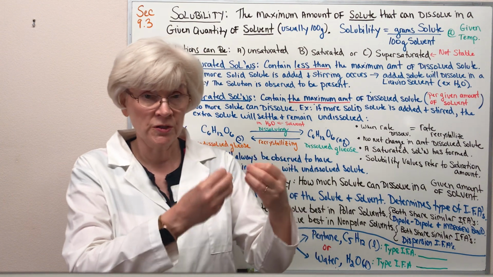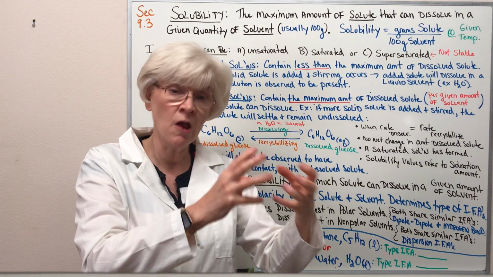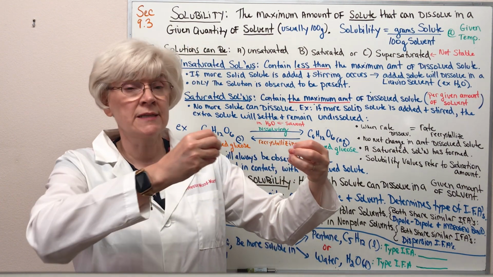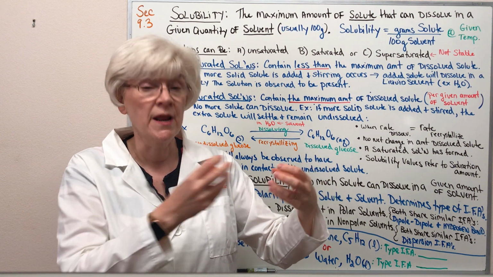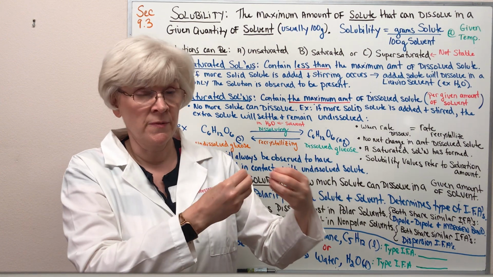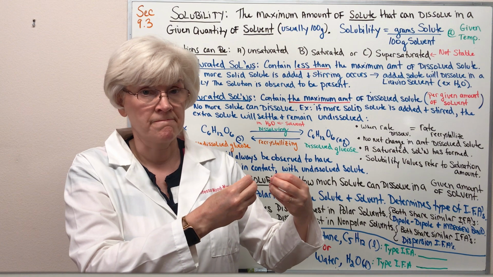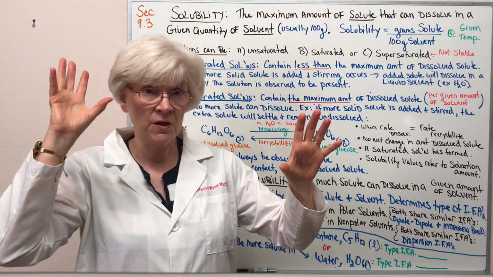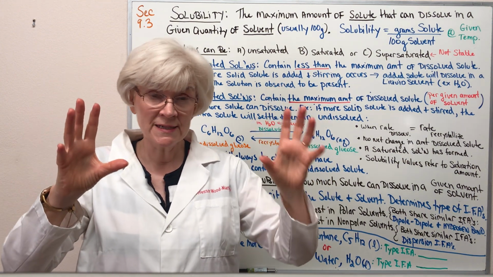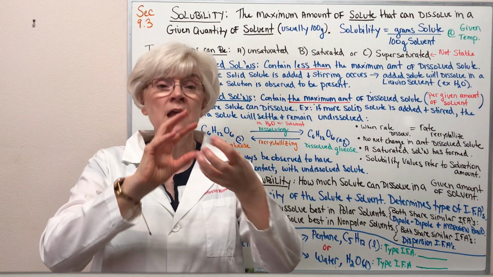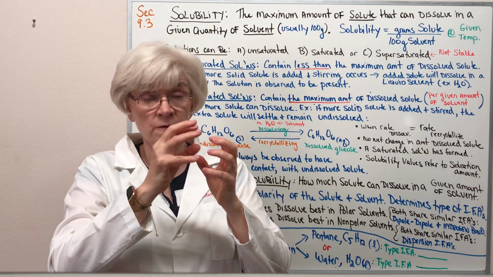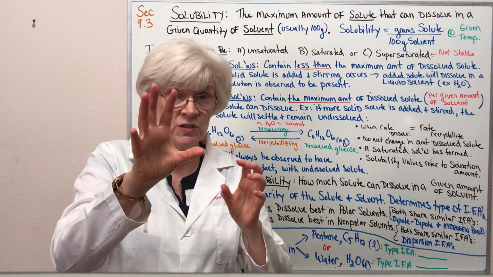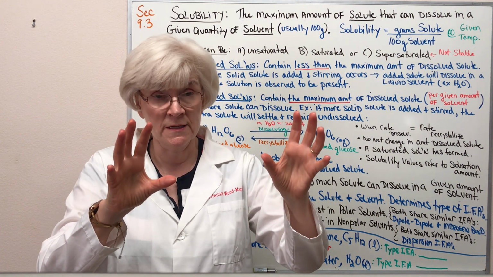Likewise, in order for a solution to form, you have to take the solvent molecules and separate them from each other and break apart their intermolecular forces of attraction. Then you have to take your solute and mix it into your solvent and form new intermolecular forces of attraction between the solute and the solvent.